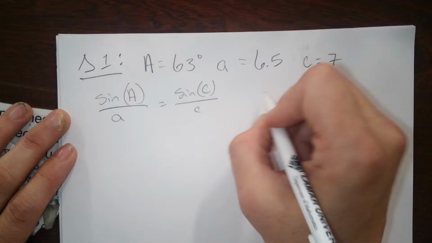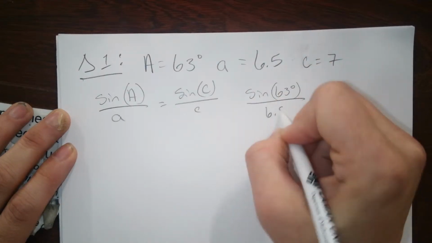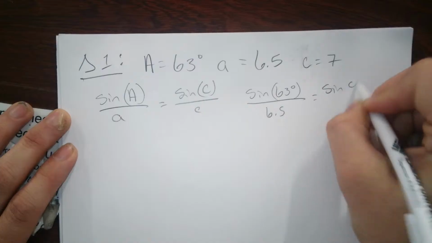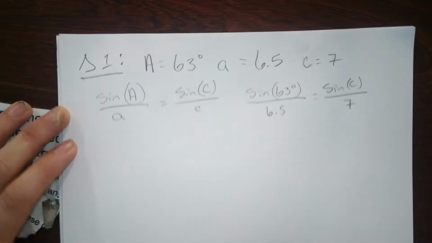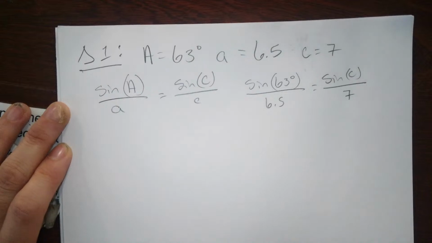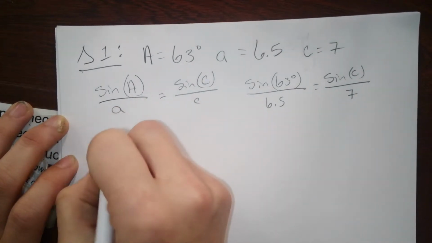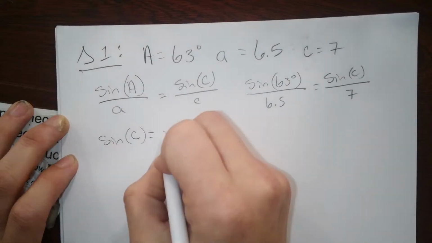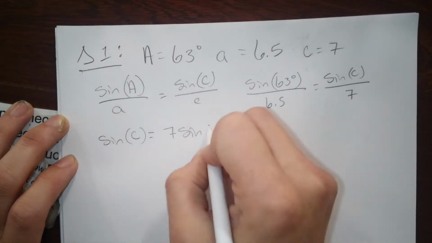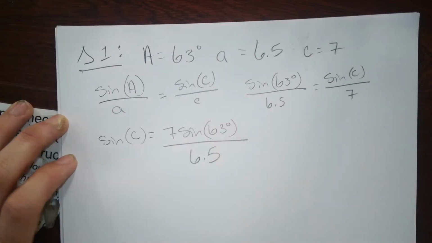So I have sine of 63 degrees over 6.5 equals sine of C over 7. Cross multiply, divide by 6.5. I get sine of C equals 7 times sine of 63 degrees divided by 6.5.